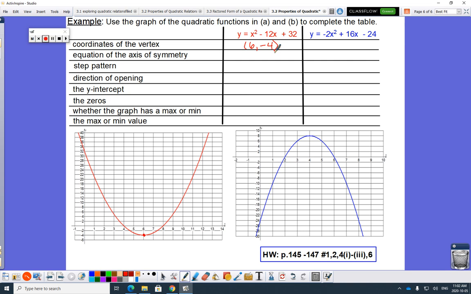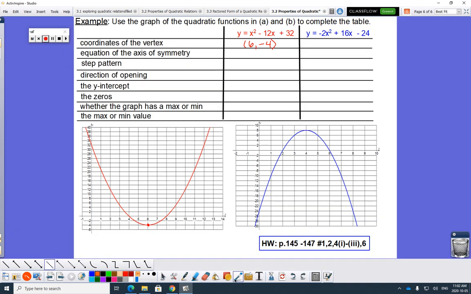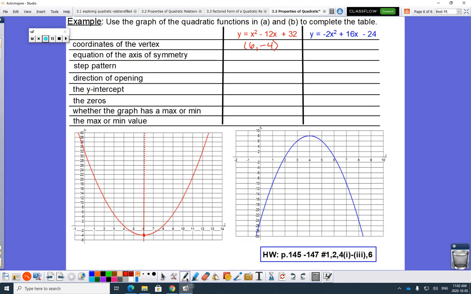What is the equation of the axis of symmetry? If you prefer, you can look straight at where it is on the parabola, or you look at the x value, making sure you write it as an equation, x equals 6.